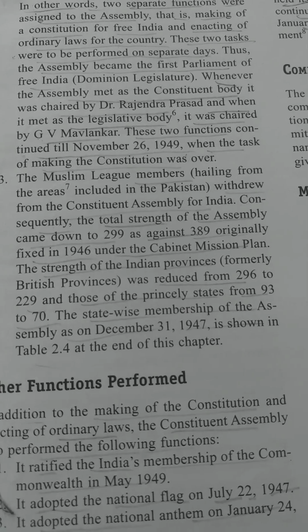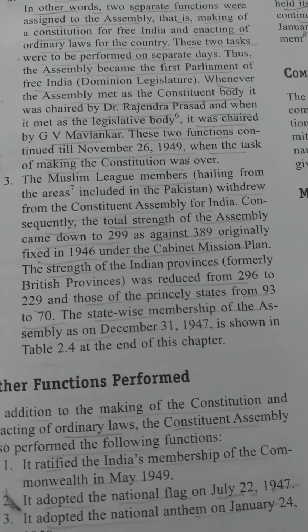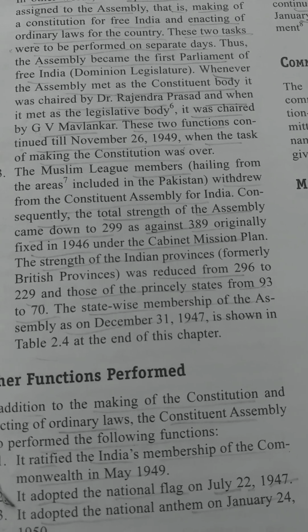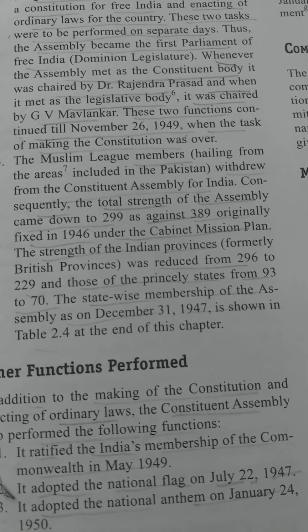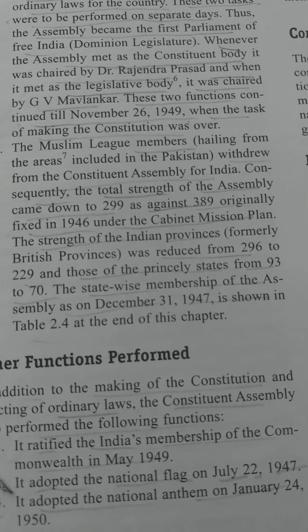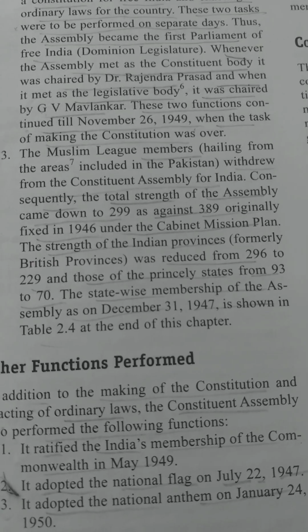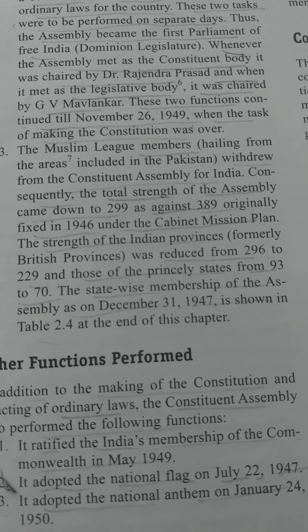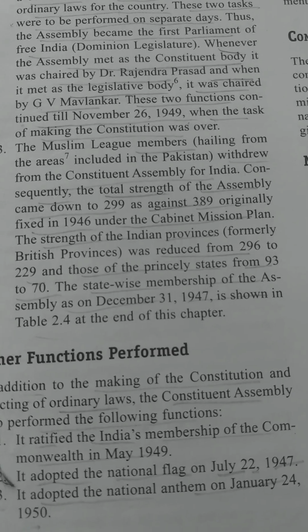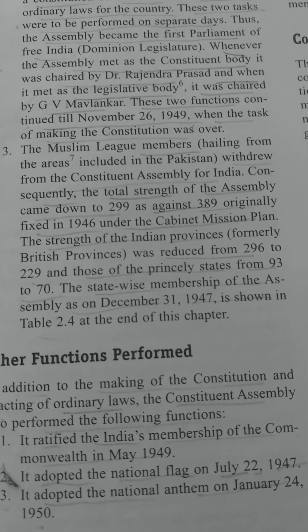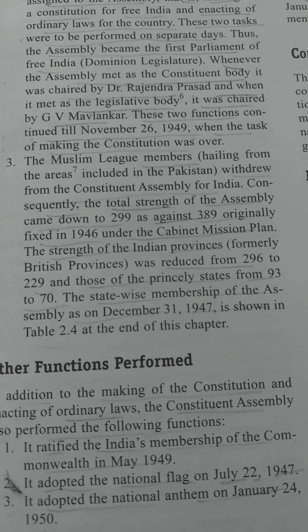The strength of Indian provinces, formerly British provinces, was reduced from 296 to 229, and that of the princely states from 93 to 70. The state-wise membership of the assembly as on December 31, 1947 is shown in the table at the end of the chapter.